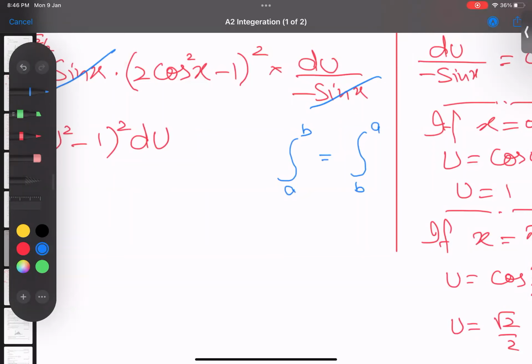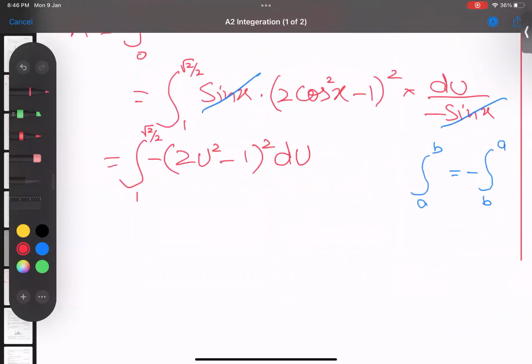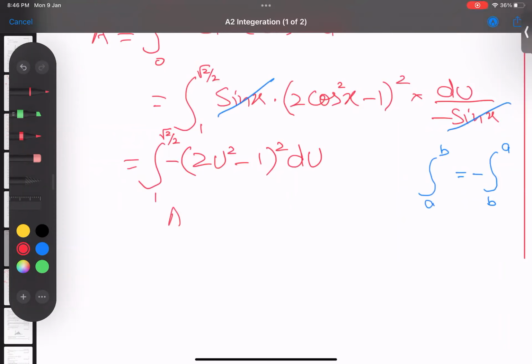And what is that? An outside minus will come. So I will implement this rule here. If I change the places, then the area is equal to what? This will change the limits and the minus will be eliminated automatically. So I get root 2 by 2 and 1. And now I'm eligible to do that question.